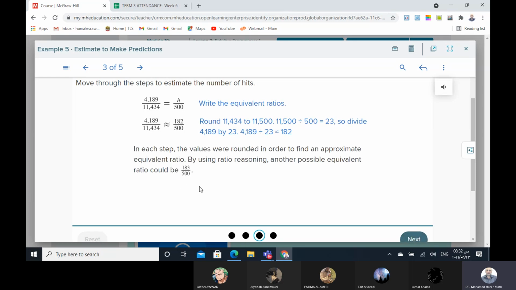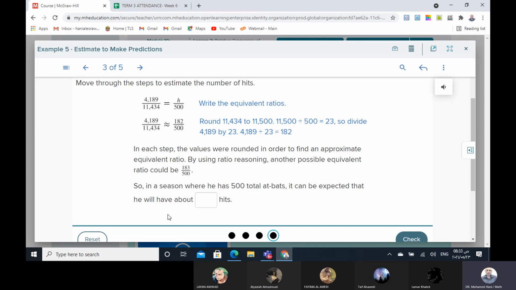In each step, the values were rounded in order to find an approximate equivalent. By using ratio reasoning, another possible equivalent ratio would be 183 over 500.